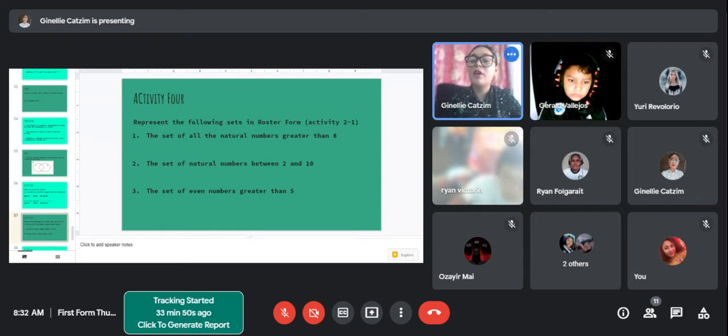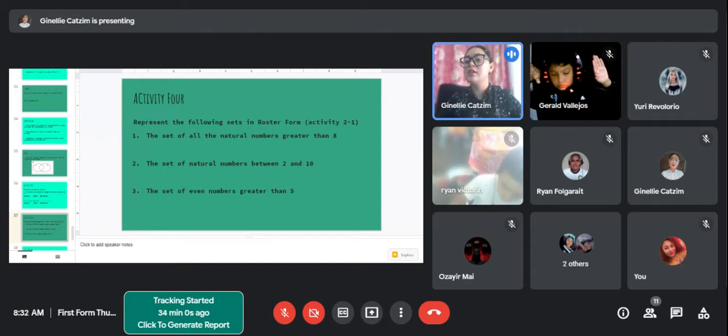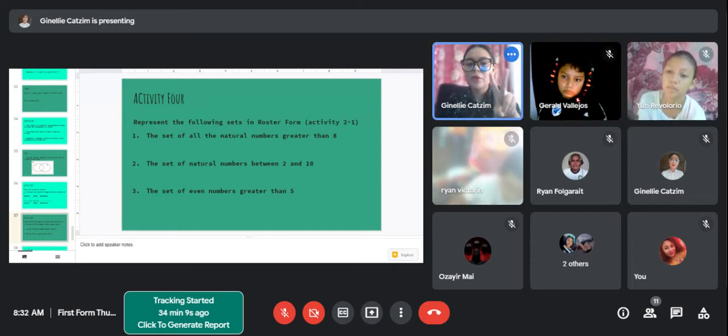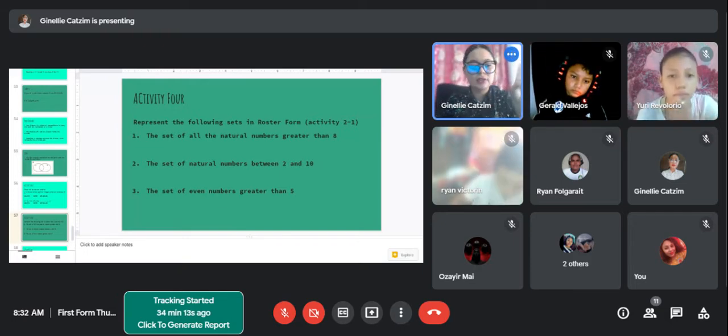This is a semantic form of representing a set, but we want it in roster form, which means we want curly brackets and we want the elements separated by commas. So, what will be the set of all natural numbers greater than 8?